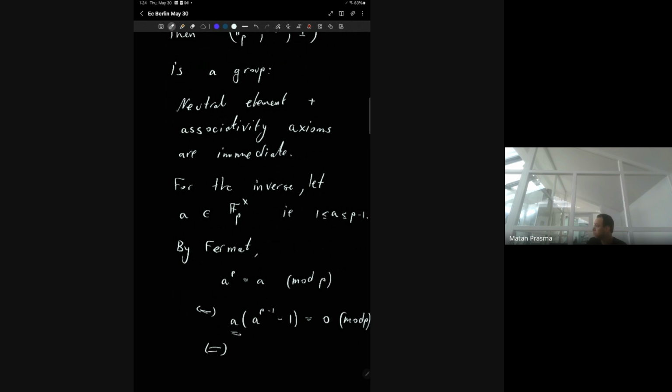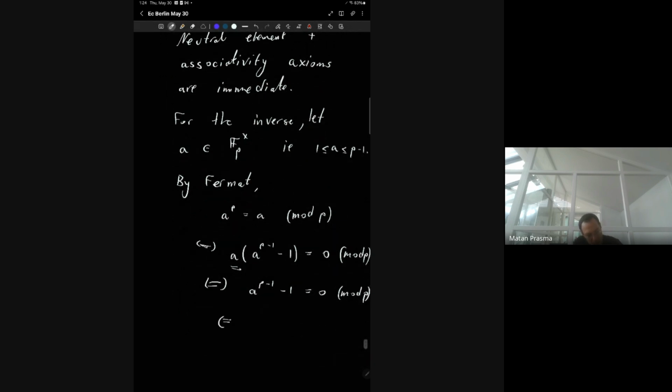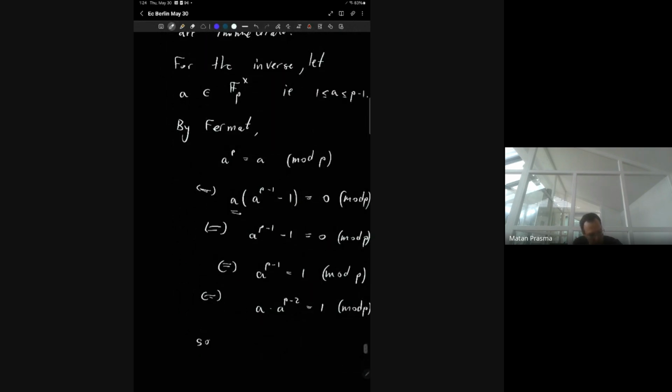A is not equal to 0, so it must be that A to the P minus 1 minus 1 is equal to 0 modulo P. Which means that A to the P minus 1 is equal to 1 modulo P, which is the same as saying that A times A to the P minus 2 is equal to 1 modulo P. So the inverse of A is A to the P minus 2. Okay, as desired.